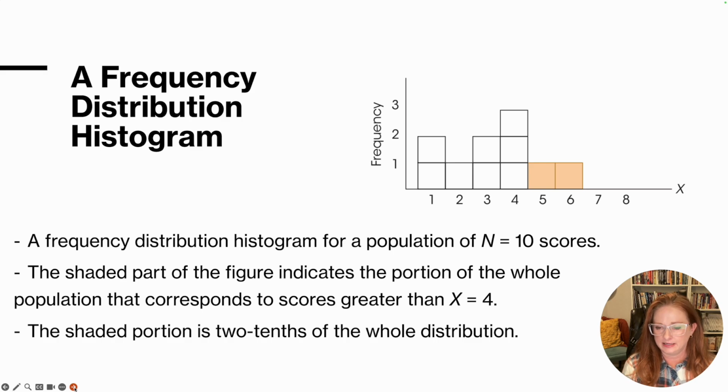Okay. I can do my frequency distribution chart there, and I can see, okay, 2 of my athletes did. They did a 5 and 1 did a 6.